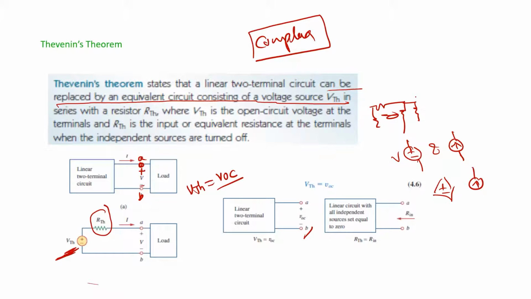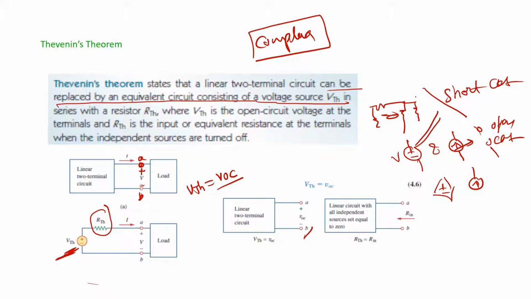When independent sources are turned off, a voltage source becomes a short circuit and a current source becomes an open circuit. That you have to remember.